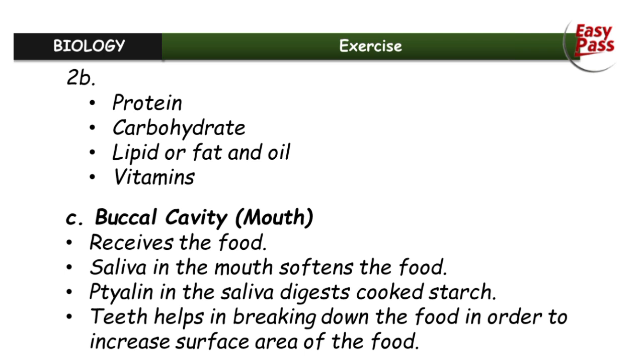The C part of the question is asking us to state the role of each of the following structures. The buccal cavity, that's the first one. The buccal cavity is another word for mouth. So what are the things that occur in the mouth? Just bullet it. In the mouth, it receives the food. That's the first one.